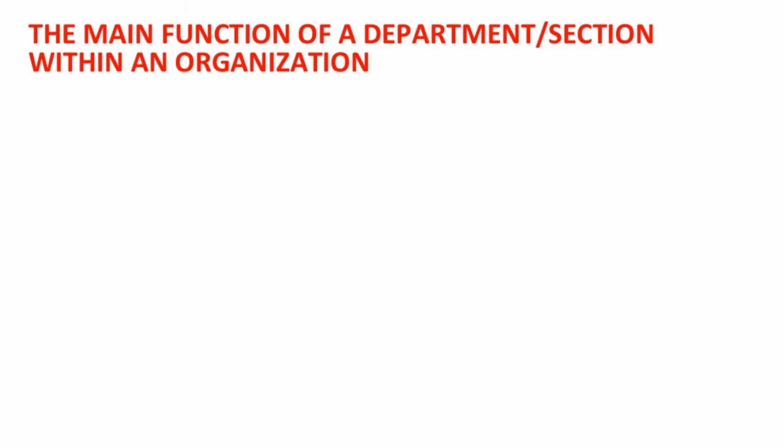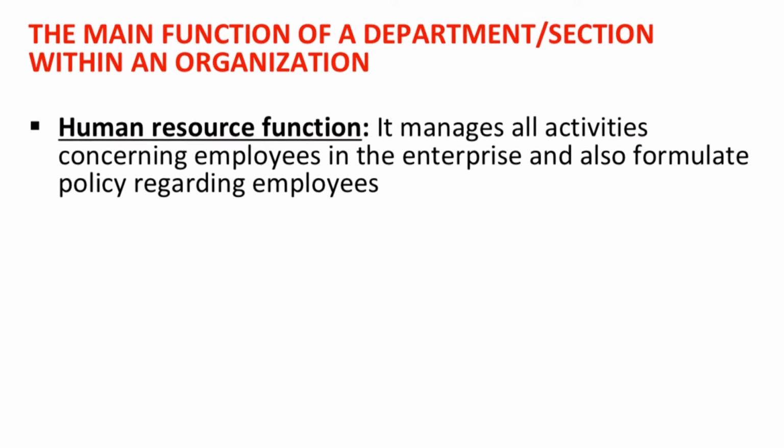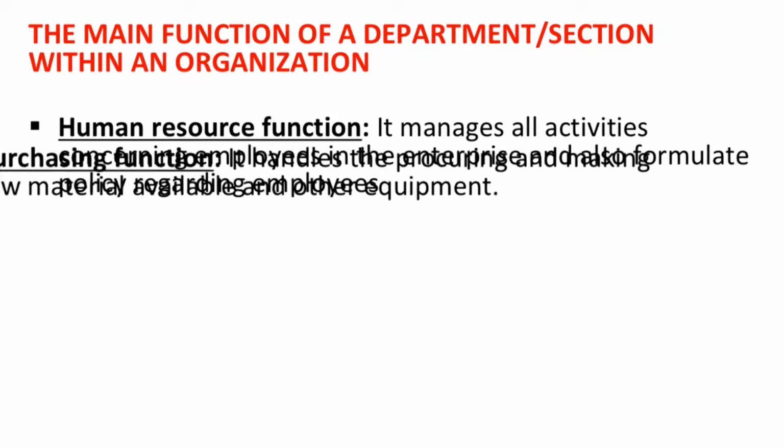Now, let's look at the main functions or sections within an organization. The first function that we have is the human resource function. The main aim of the human resource function is to manage all activities concerning employees in the enterprise and also formulate policies regarding employees. How do they manage employees?